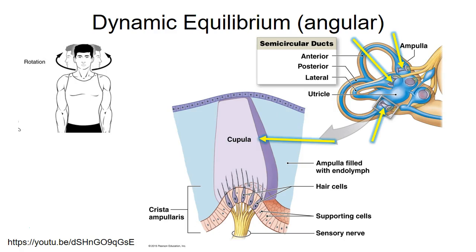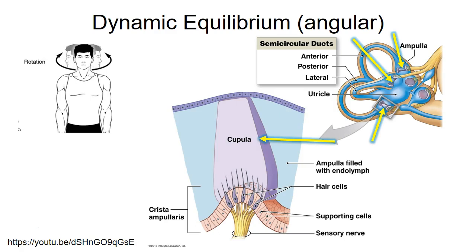Okay, so the other type of equilibrium is dynamic or angular. So I got this very sophisticated model to show you guys. You can tell I got the deluxe version because it has different colors, right? Okay, so the semicircular canals are canals filled with fluid, and they're in each of 3 planes.